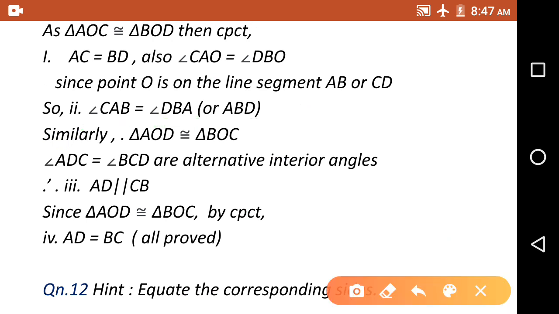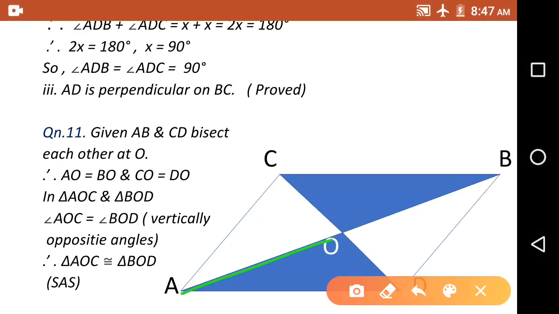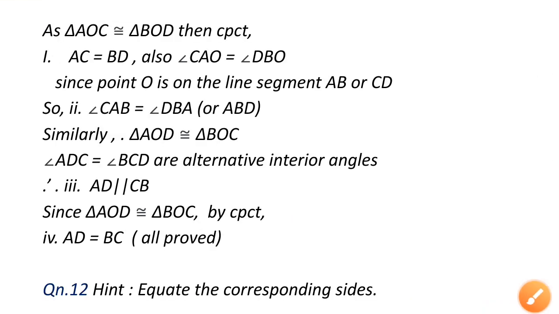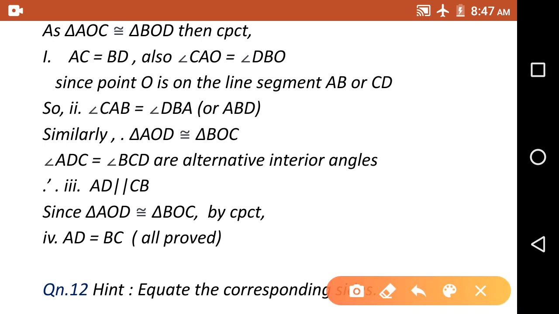Now, as I have told, similarly AOD is taken congruent to BOC, those two blue colored triangles. So AOD is equal to BOC, and in the same way we can also say ADC equal to BCD.